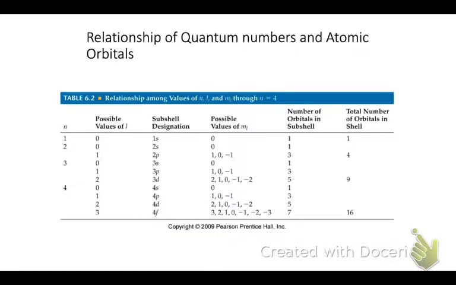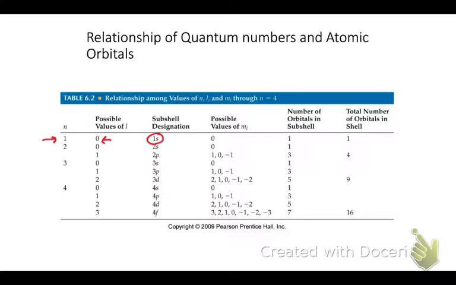Now let's look at all this. I really hate those equations that encourage memorization. You actually can understand it by looking at this table together. When n equals 1, remember, L is 0 all the way to n minus 1. So n minus 1, 1 minus 1 is 0. So we only have one value of L, which corresponds to the 1s orbital.